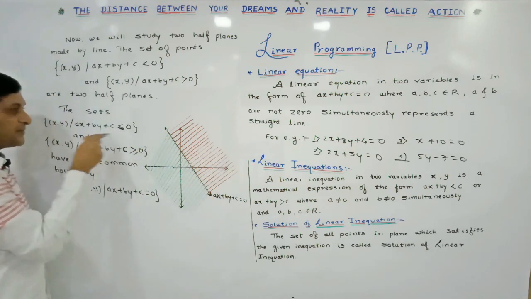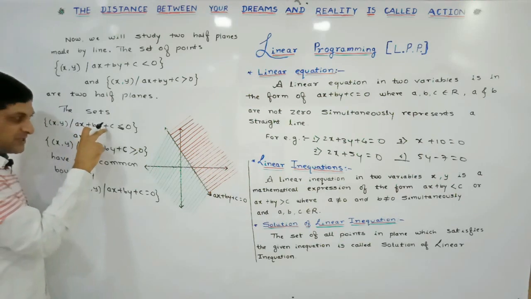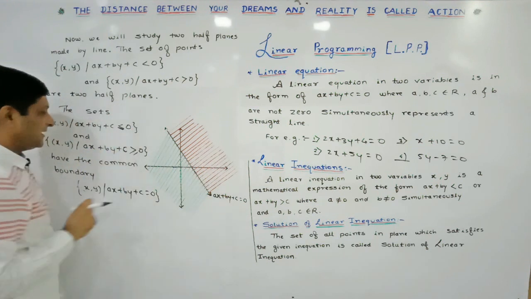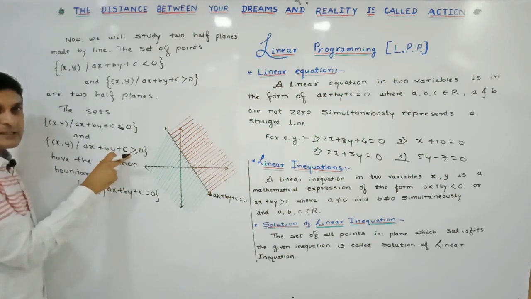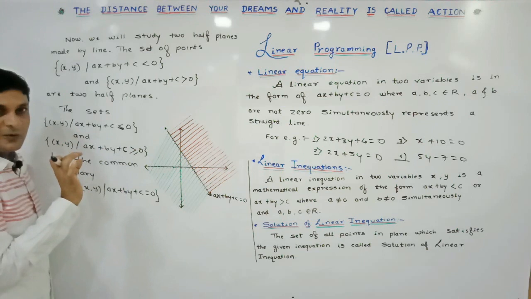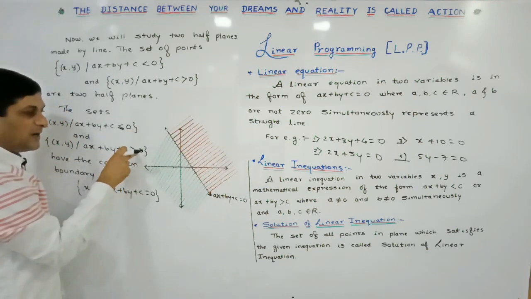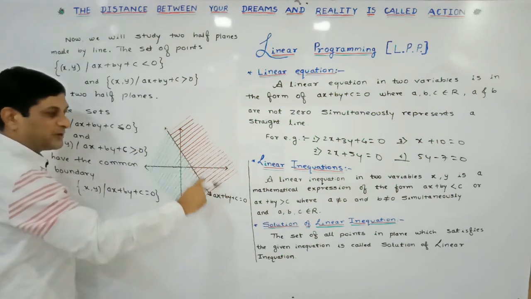Means in this set which points are included? The points which lie in the half plane and also the points which lie on the line. In this case also, instead of strictly greater than, greater than or equal to is there. Greater than means all the points in this half plane, and equal to means all the points on this line.